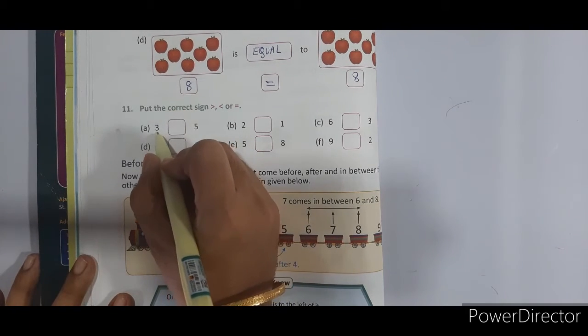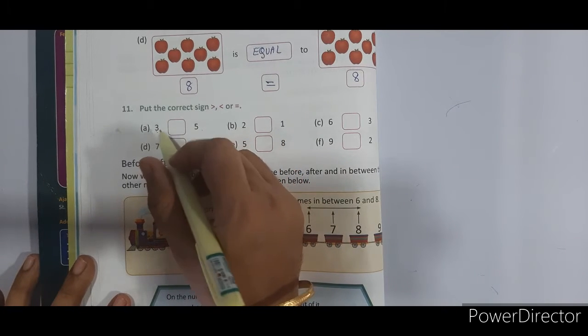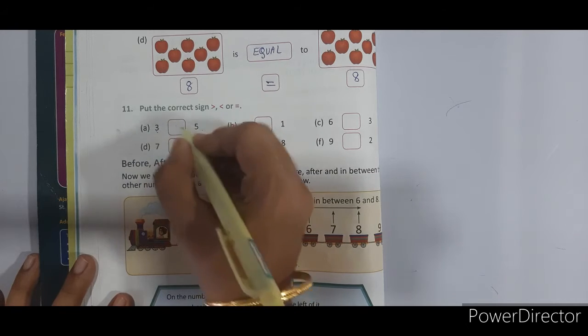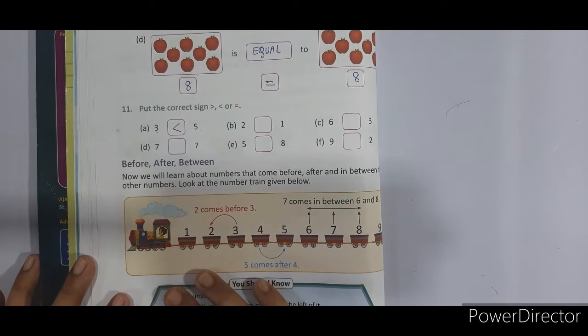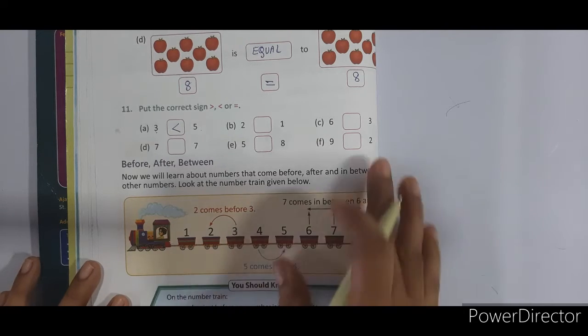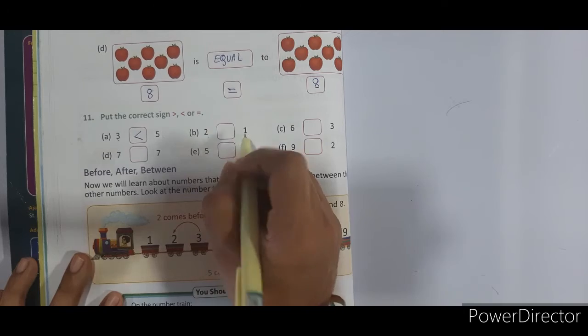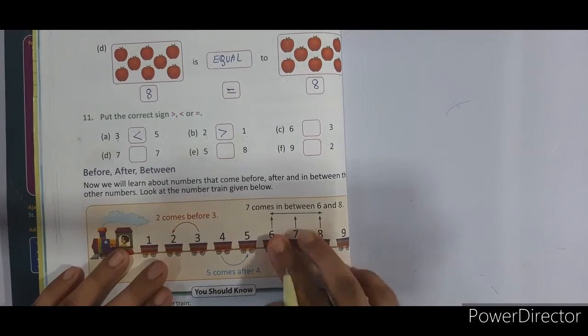So 3 and 5. Whether 3 is more or less than 5? You can see 3 is less than 5. So put the sign of less. Now go for B. 2 and 1. 2 is more than 1. So put the sign like this.